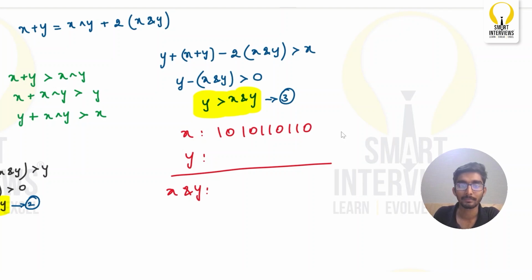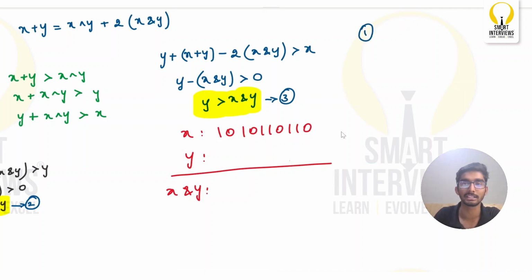Can I say y must contain at least one bit which is set and which was already set in x? Can I say y contains at least one bit which is set and which was unset in x? The previous one is, I will write the 2 here.